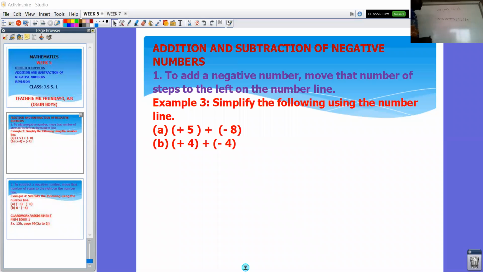Now, remember, the first number is +5. That means we are starting from 5. Then we say we should move to the left because we are adding a negative number. We move to the left on the number line. So how many times are we going to move? We are going to move 8 times. So we now have 1, 2, 3, 4, 5, 6, 7, 8.